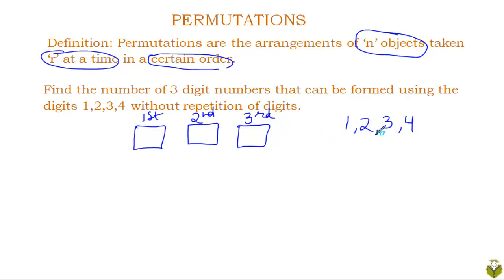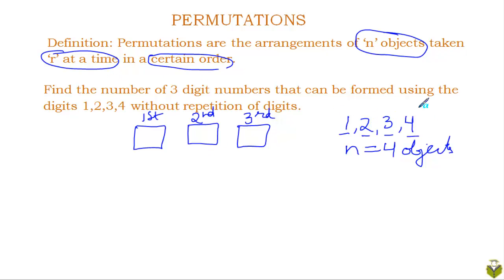So now I'll call these digits which we have to make the three-digit number objects, in terms of the terminology I have used here. So each of these digits is a separate object. So we have n objects, which means here we have 4 objects, right? So n is equal to 4. And using these 4 objects, we have to fill 3 boxes, right? So here it says arrangements of n objects taken r at a time.